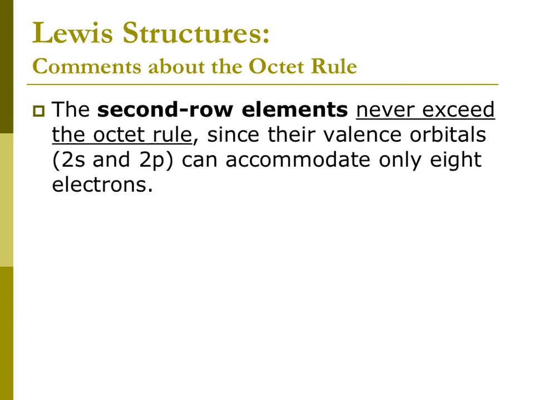So whether it's elements that absolutely do not exceed the octet rule or violate it in any way, or the atoms that have less than 8 valence electrons, we do know that the second row elements never exceed the octet. They only have a second energy level, 2s and 2p orbitals. There is no such thing as 2d. Without a d orbital, you cannot have an expanded octet.